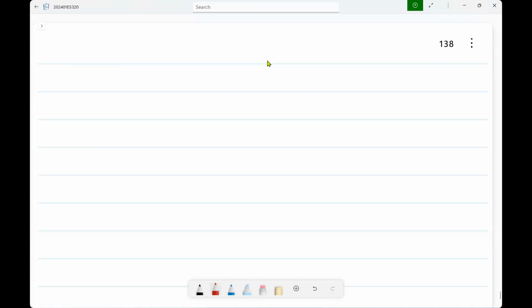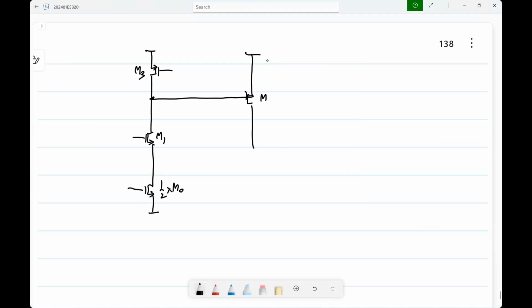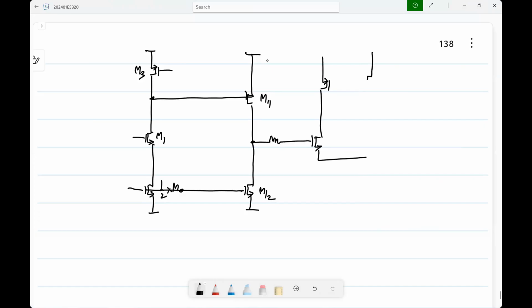So, maybe it will be easier if I draw the common mode half circuit of this. Okay.